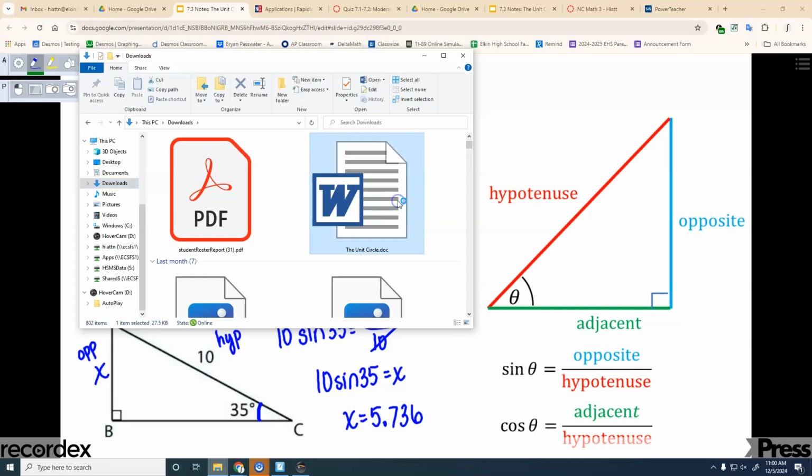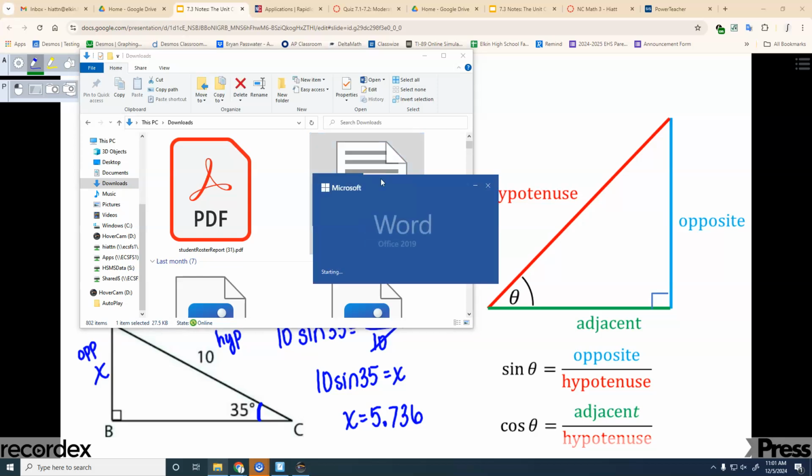There it is. Why is it not coming up? Okay, here it goes.